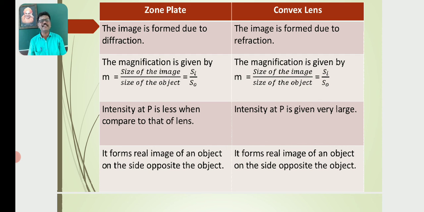Then, a zone plate forms a real image of an object on the side opposite to the object. Similarly, a convex lens also forms a real image of an object on the side opposite to the object. So these are the differences between a zone plate and a convex lens.